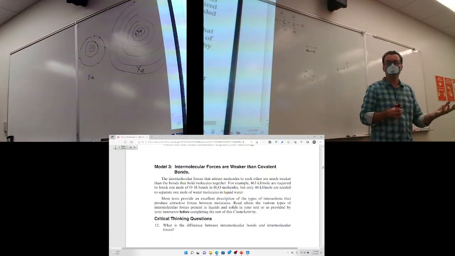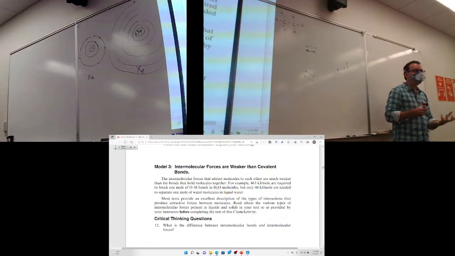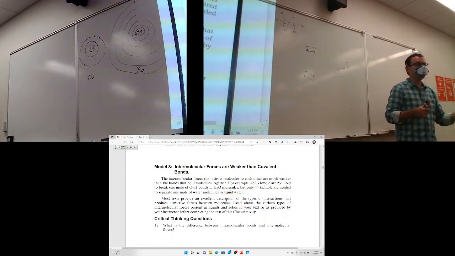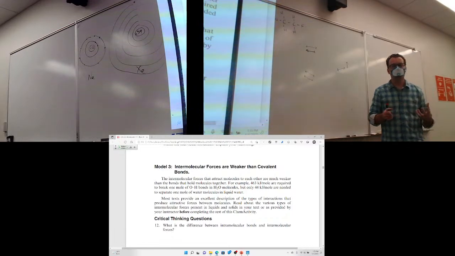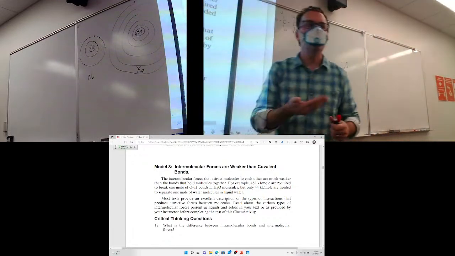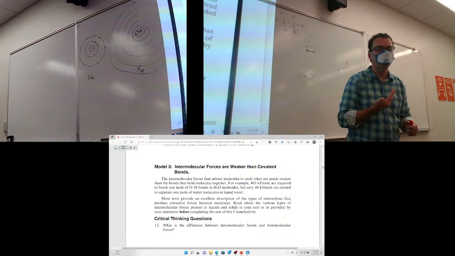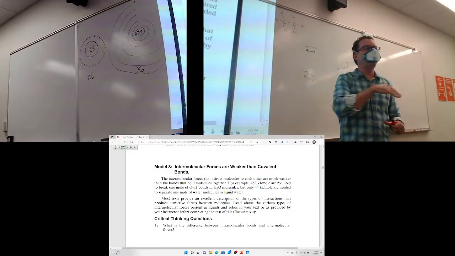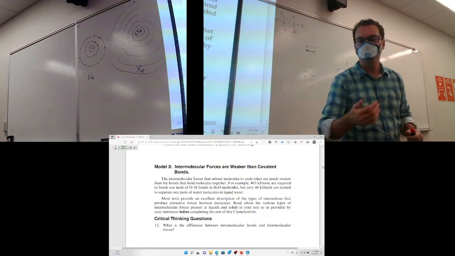Another difference, intramolecular bonds affect the chemical properties of your molecules, whereas intermolecular forces only affect the physical properties. If I make a new bond to a molecule, I'm making a new molecule, it's going to have different chemical properties and react differently. But intermolecular forces just affect things like boiling point, physical properties.